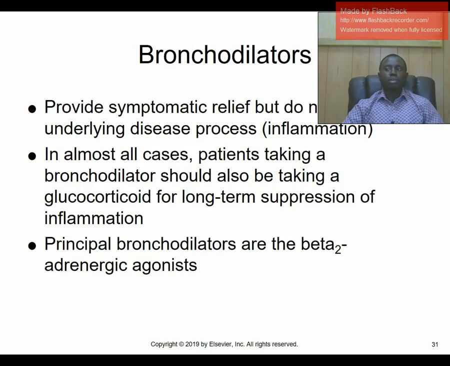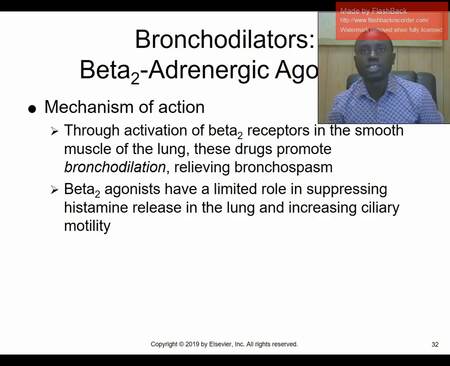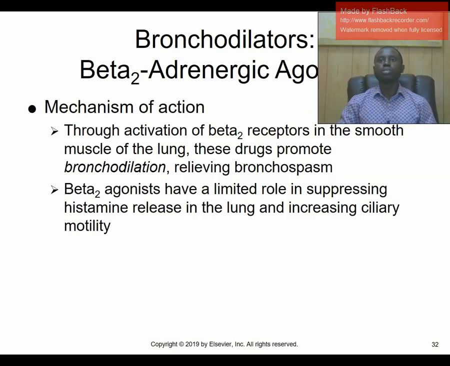The principal bronchodilators that we know of are beta adrenergic agonists, or beta 2 adrenergic agonists. Beta 2 adrenergic agonists promote bronchodilation by activating the beta 2 receptors in bronchial smooth muscles.